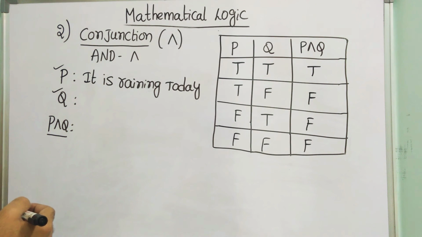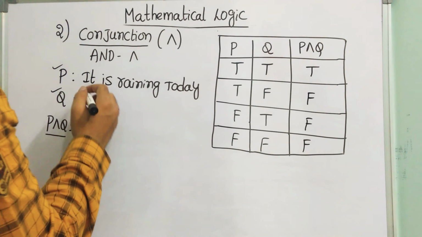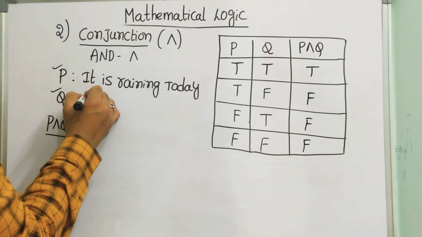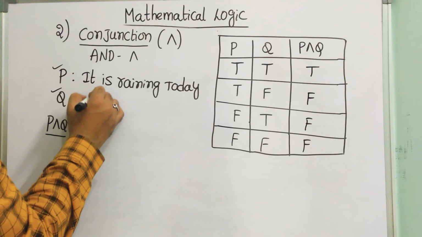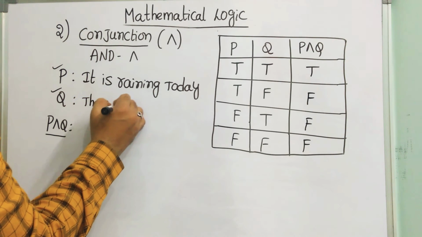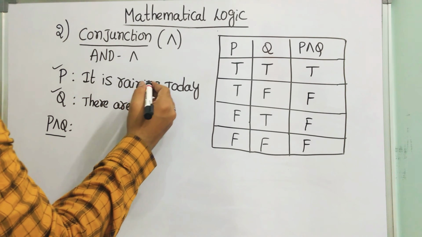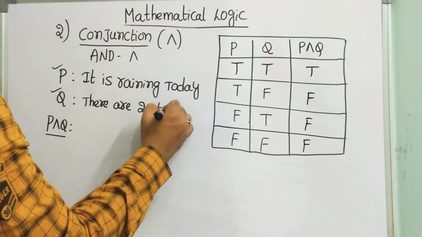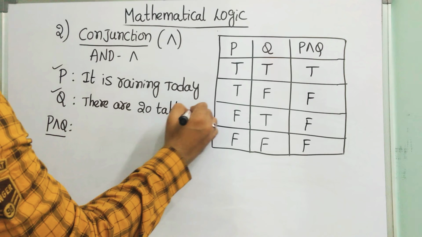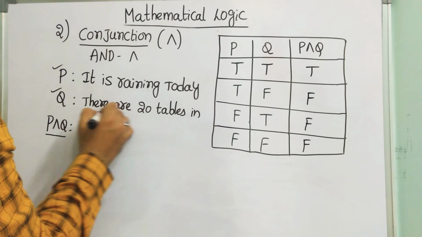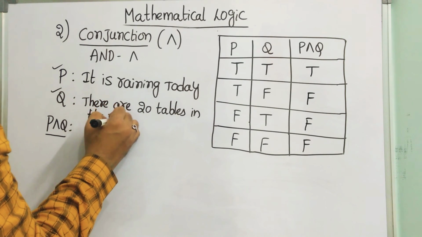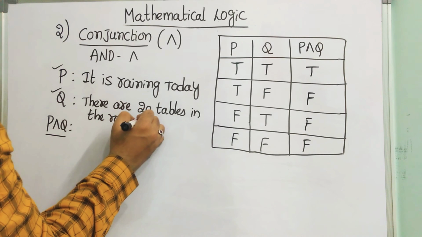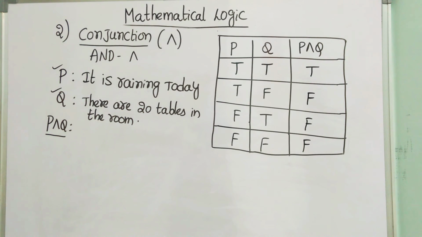And statement Q is there are 20 tables in the room.